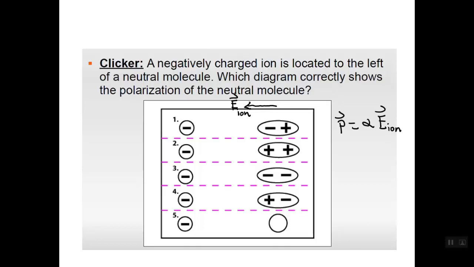Now, since alpha is typically positive, this expression tells us that the vector dipole moment P must point in the same direction as the electric field of the ion. Since we know that the vector P must point in the direction from the negative to the positive charge in a dipole, the only diagram that represents this correctly is diagram number 4.